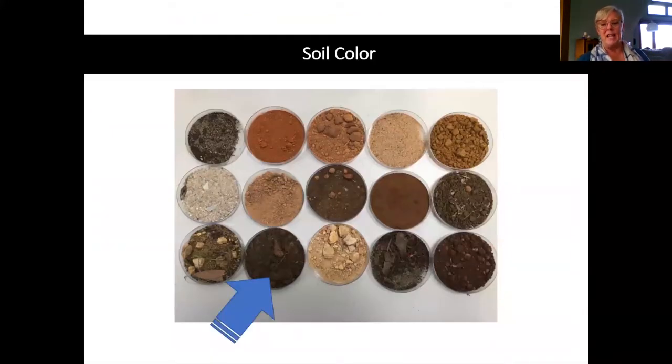Soil color can tell you a lot about what your soils are composed of, but it can also tell you a lot about how much organic matter and fertility there is in the soils. As you can see from this, oftentimes my soils look like, naturally, without me having done any soil improvements, kind of fall in this range.